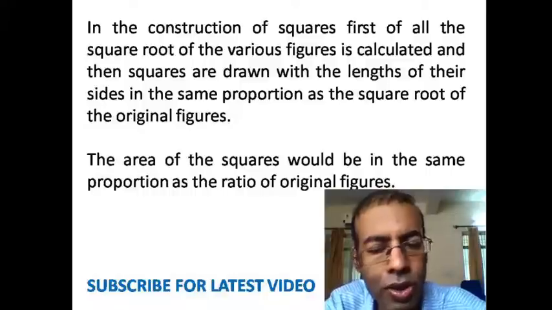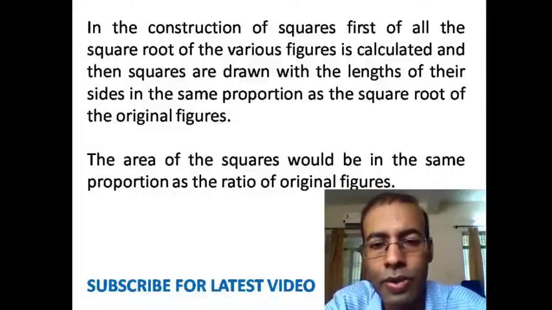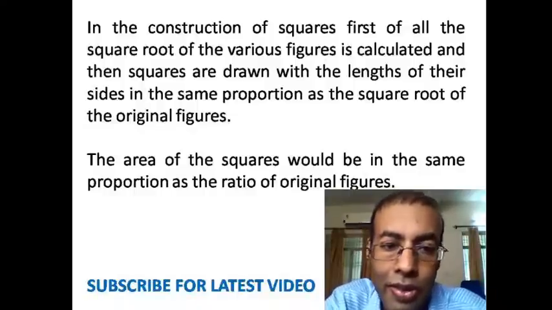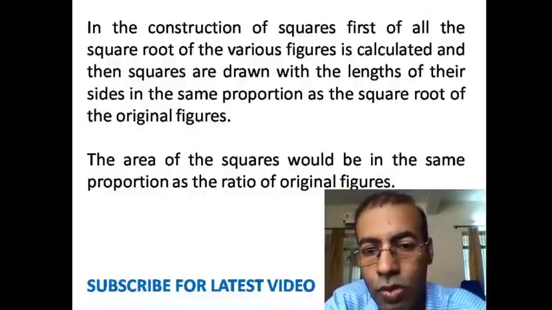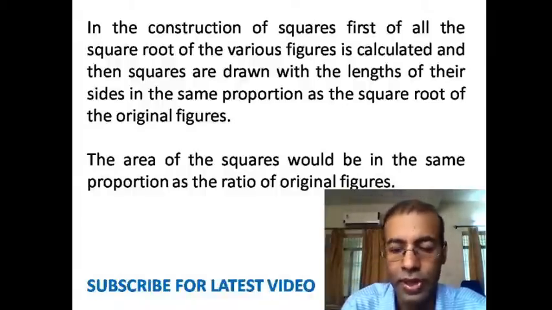All these things will be clearer when we solve an example. We will solve one example based on this type of diagram. The area of the squares would be in the same proportion as the ratio of the original figures.